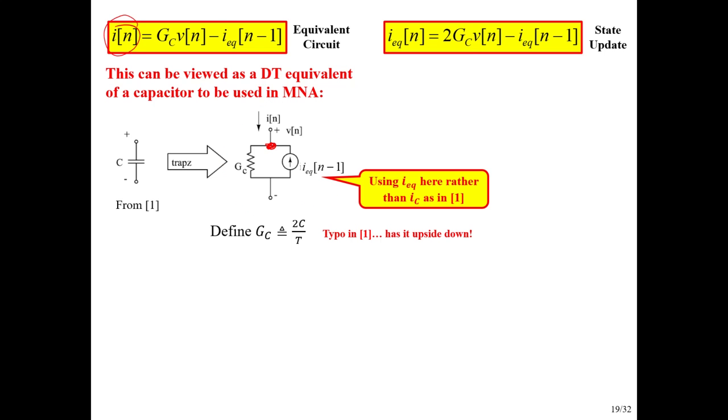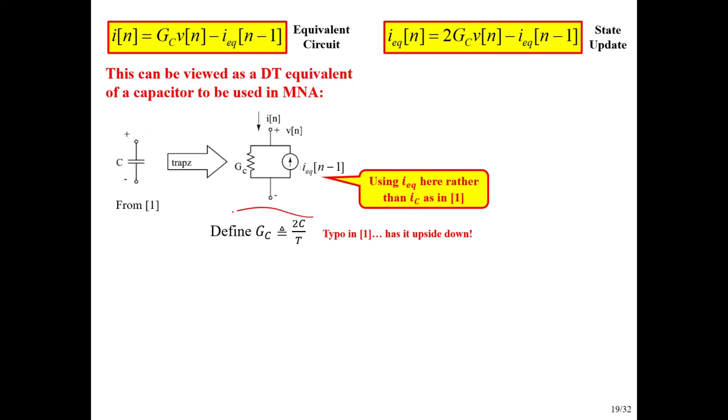I of n going in is equal to the voltage V of n across GC, gives that current, minus, because this is going up, that's IEQ of n minus 1. Could have made this arrow going down, but then I'd have to put a minus sign there. And again, I had to modify that because David Ye has IC there. That doesn't make sense, like I said, from a symbolic point of view, because this is really IC. That's the current through the capacitor. So that's why I did it.